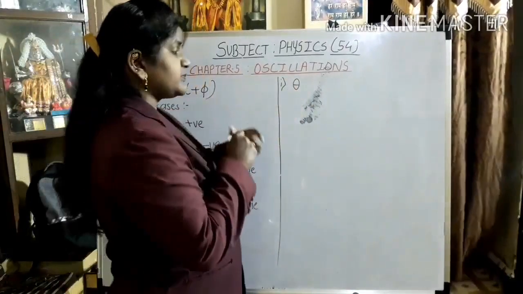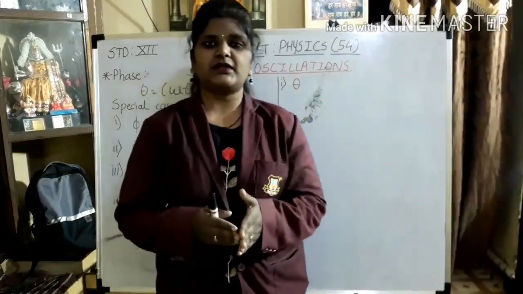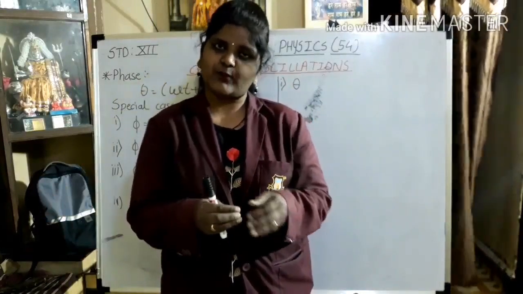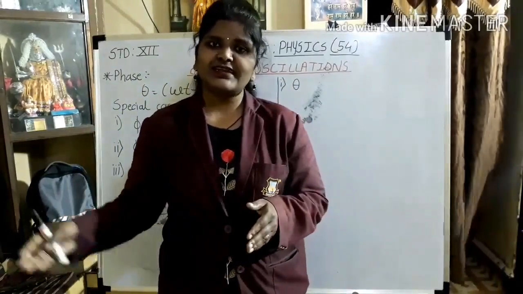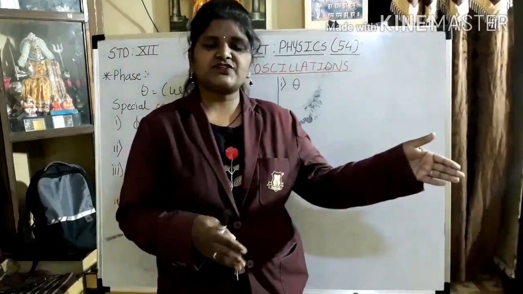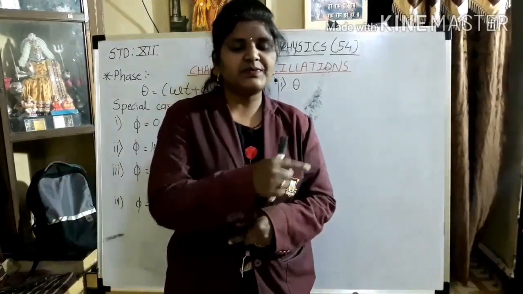Before calculating this, we have to consider that when any particle starts to oscillate, it goes to either the positive mean position or negative mean position, and either the positive extreme or negative extreme. It depends, and then it completes one oscillation.